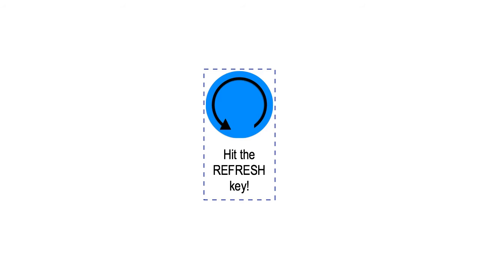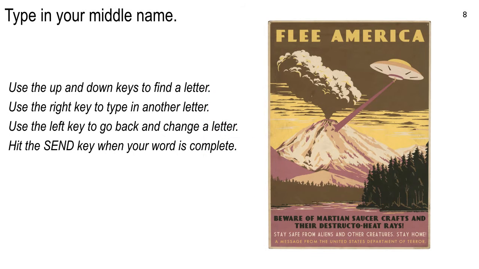And when you get the letter you want, then you type the right arrow key, and then go up and down again and select another letter. And then go to the right and select another letter. And go back to the left if you want to change a letter. That's fine too. But then at the end, you have to hit the send key. All right? Now, here's your first question. Very simple. Type in your middle name.